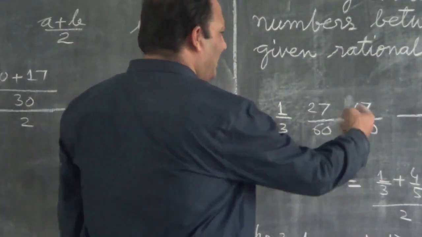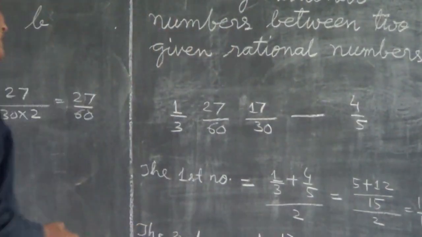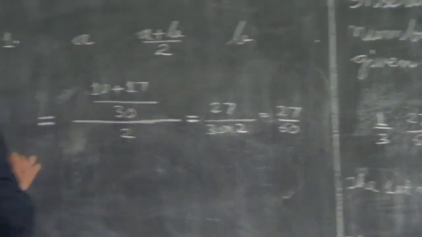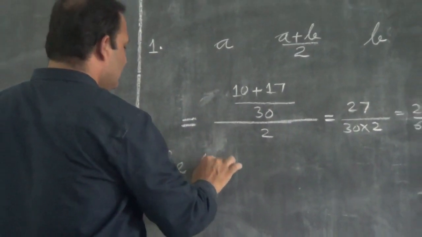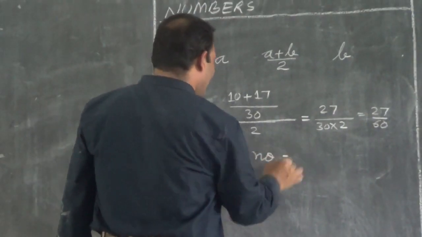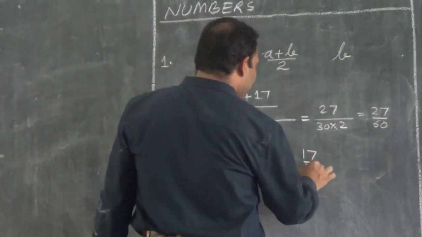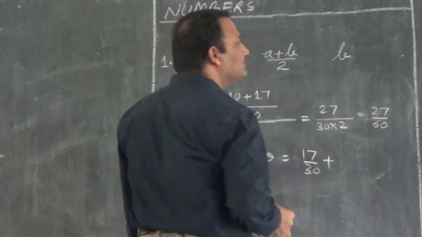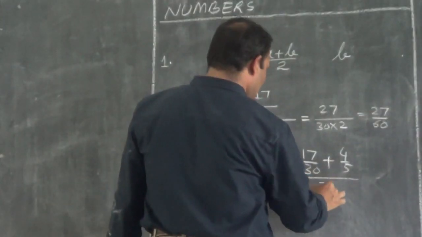Now find the next one between 17 by 30 and 4 by 5. You can write the third number equals 17 by 30 plus 4 by 5 divided by 2.